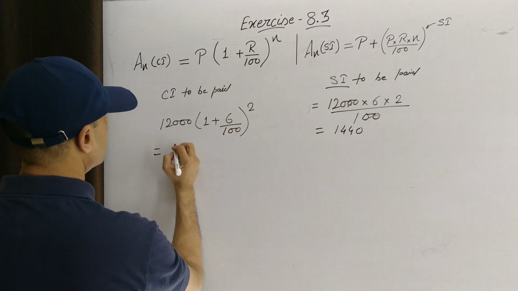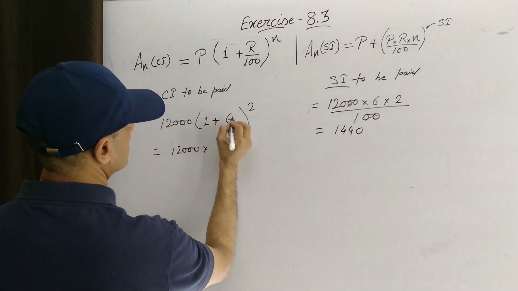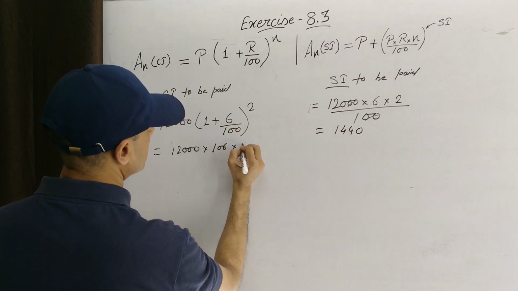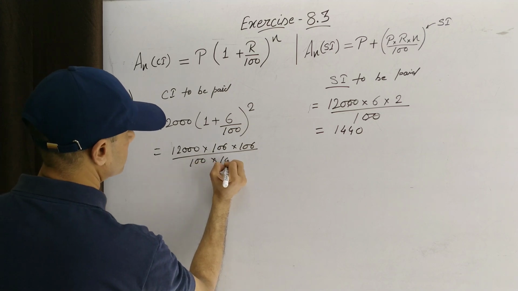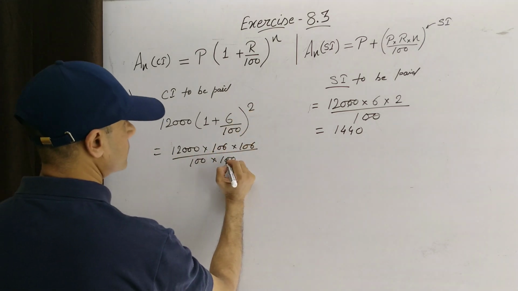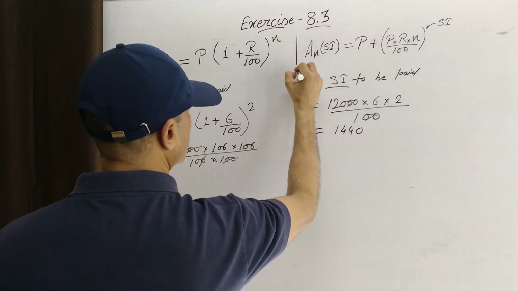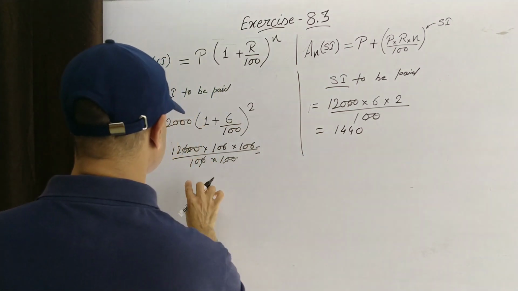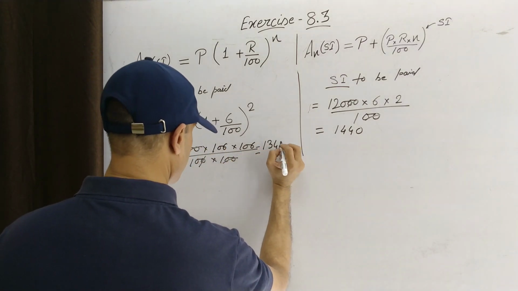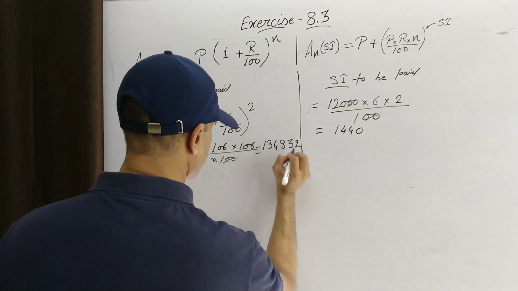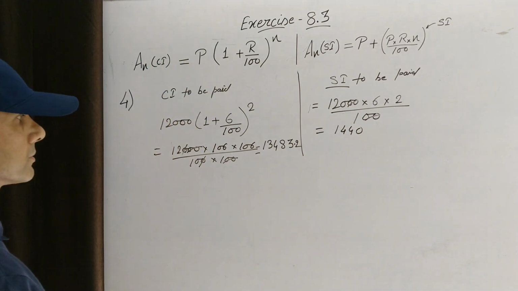So we get 12,000 into 106 into 106 divided by 100 into 100. So we get the value of this calculation, already calculated, as 134,832 divided by 10. So put a decimal here.